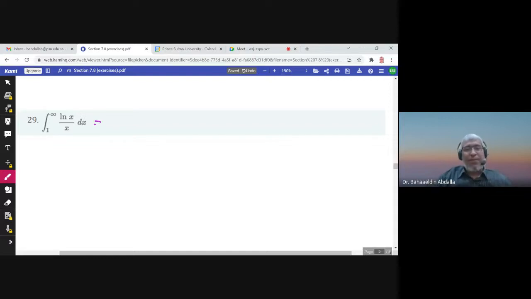This is the limit when t approaches infinity of the integral from 1 to t of ln x over x dx. I take u equals ln x, du would be 1 over x dx. This would be the integral of u du.